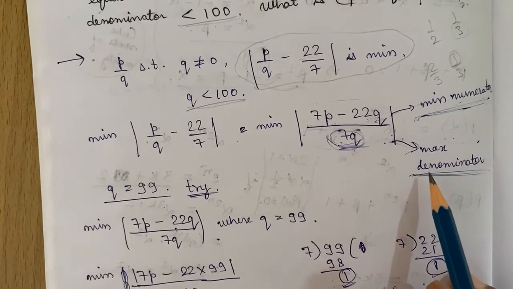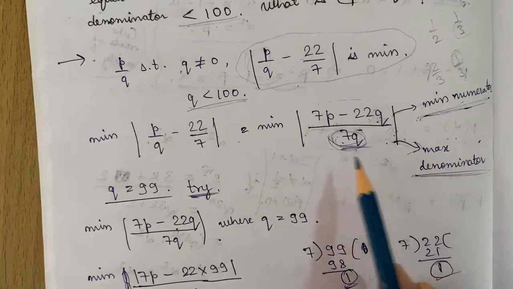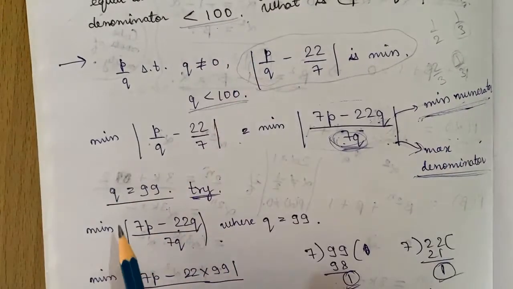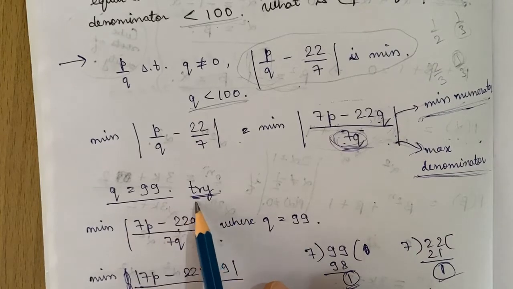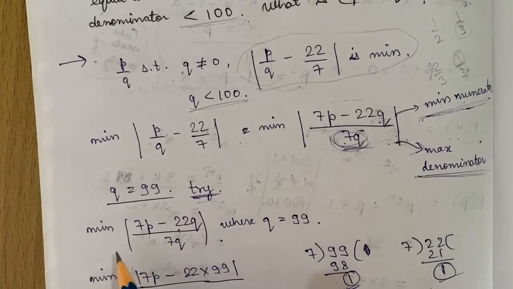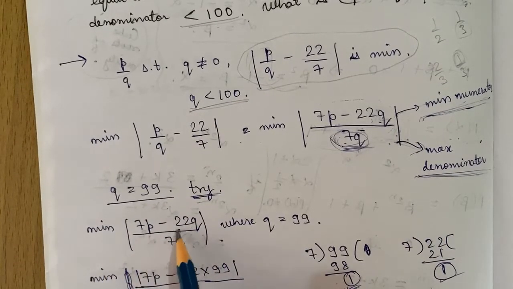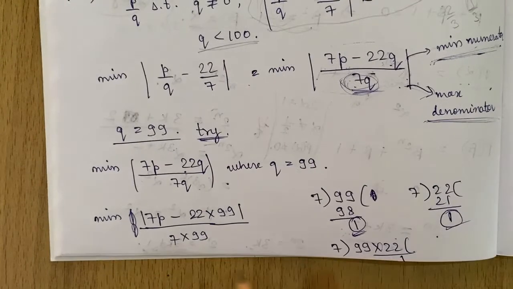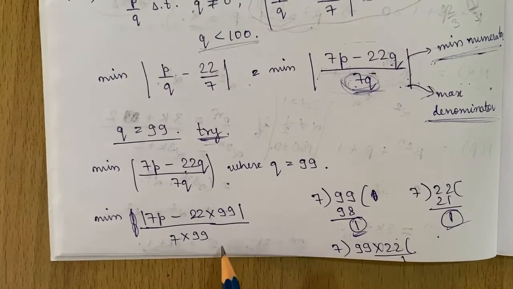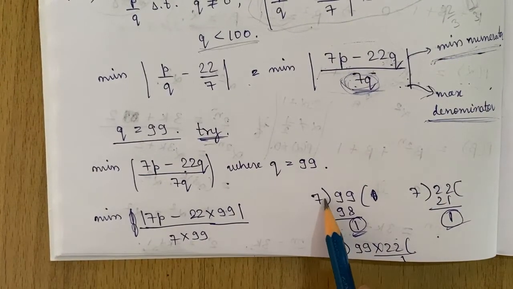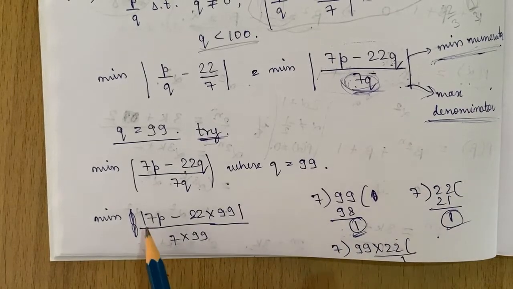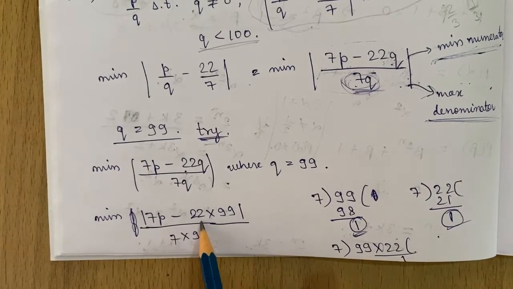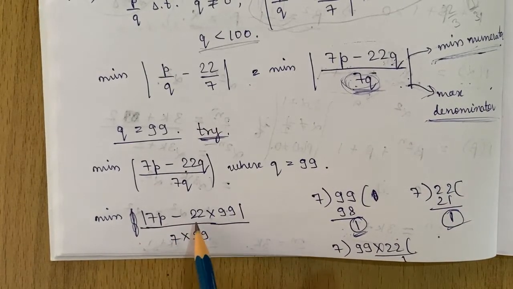So let's try the largest possible denominator that we have, which is q equal to 99. So we are going to try this. So we want to minimize 7p minus 22q by 7q, where q equal to 99. So let's solve this. So we get this value, and now we want to make 7p as close to 22 times 99 as possible.